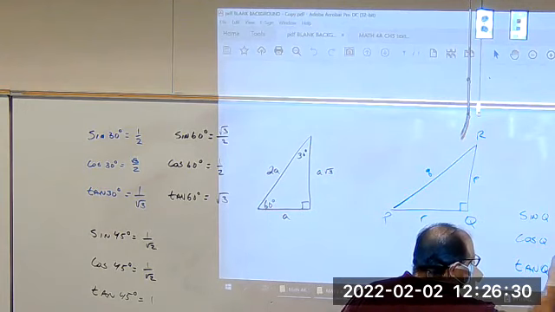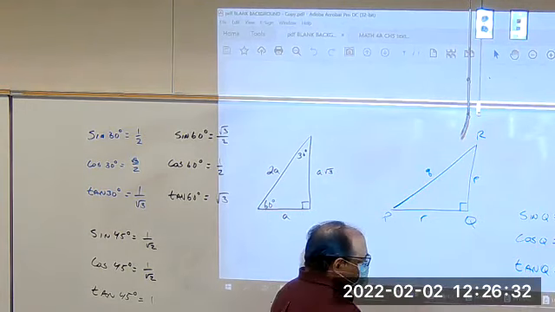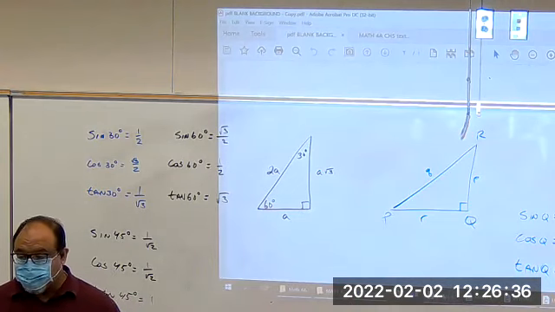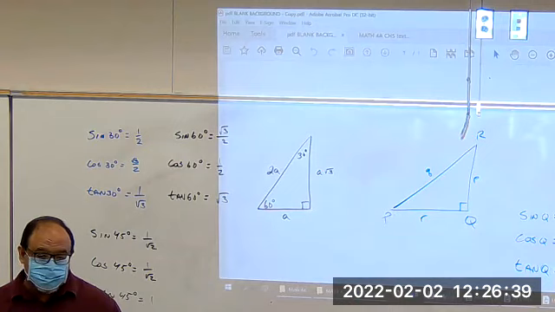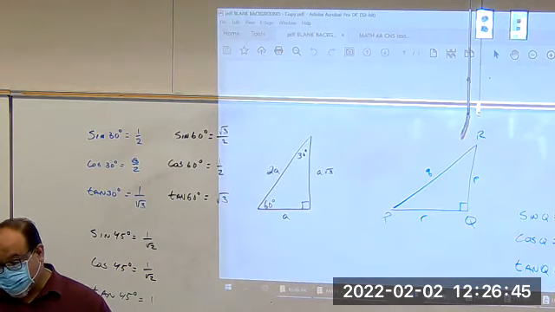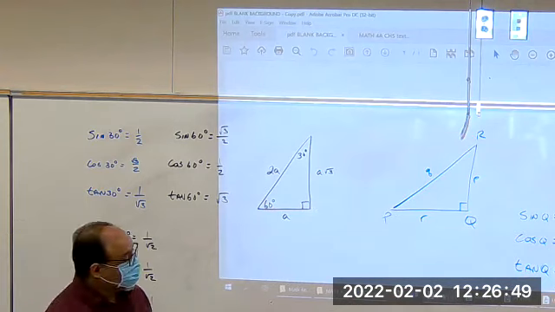We've done the 2 complementary angles, but we haven't actually done the right angle. We haven't done the 90-degree angle in the triangle. There's a reason we haven't done it.